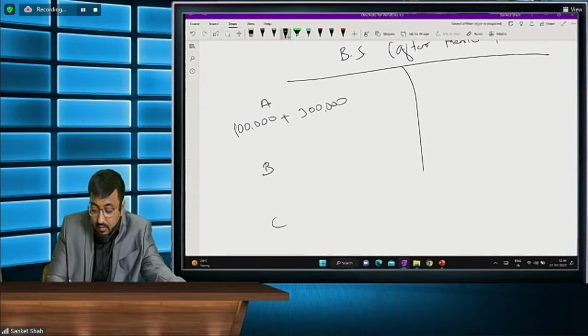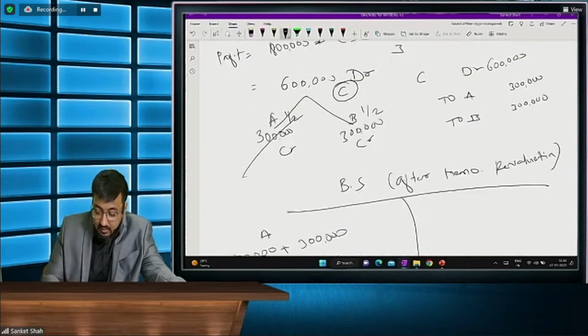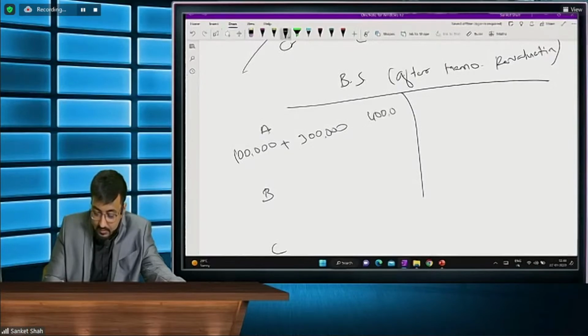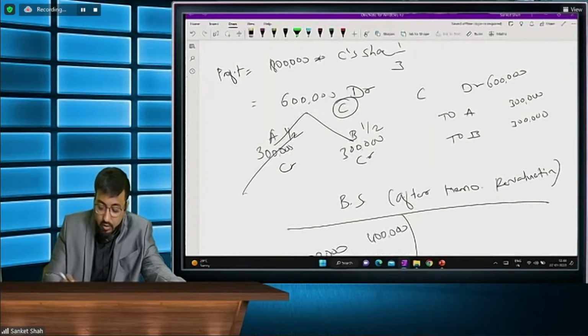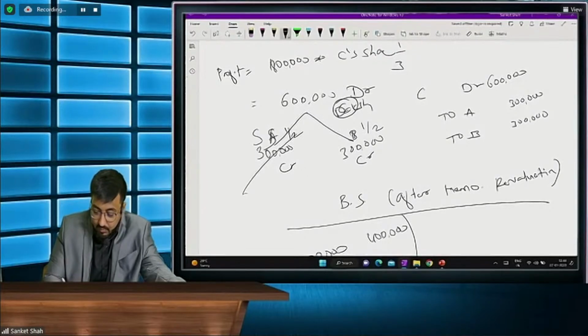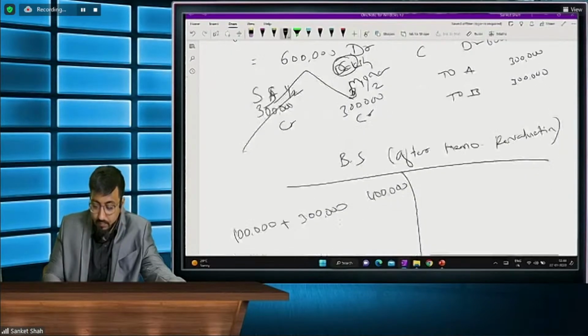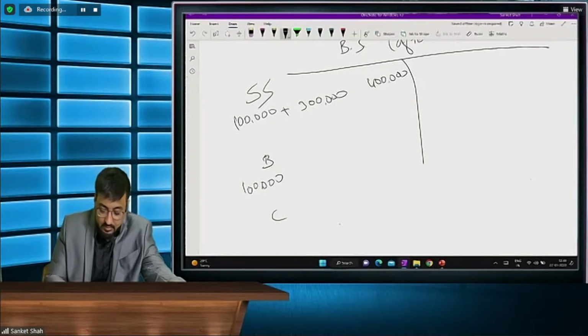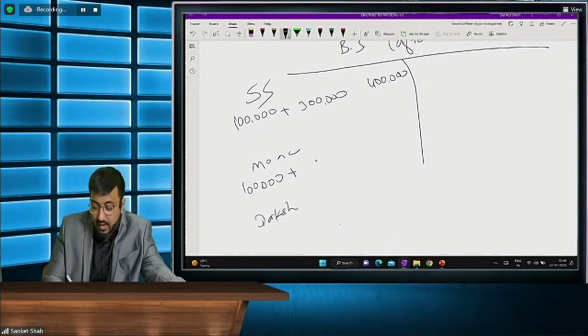Now he will get 3 lakhs from C, so 4 lakhs. ABC means here, beta, sorry: SS, Mona, Daksh. B means Mona, 1 lakh. Now she will get 3 lakhs, so 4 lakhs.